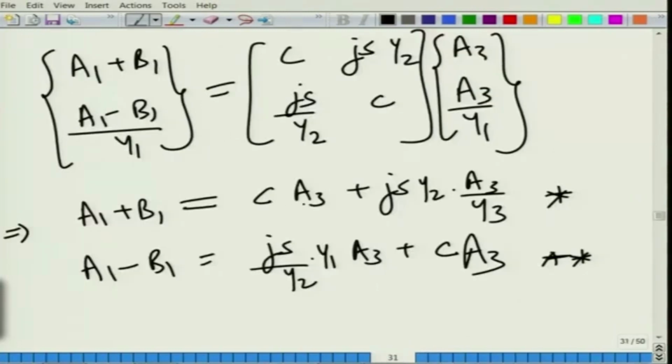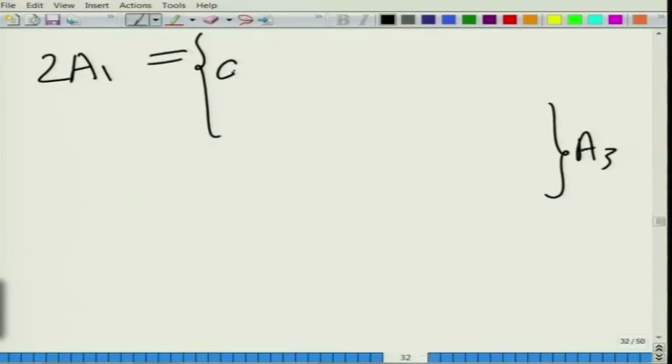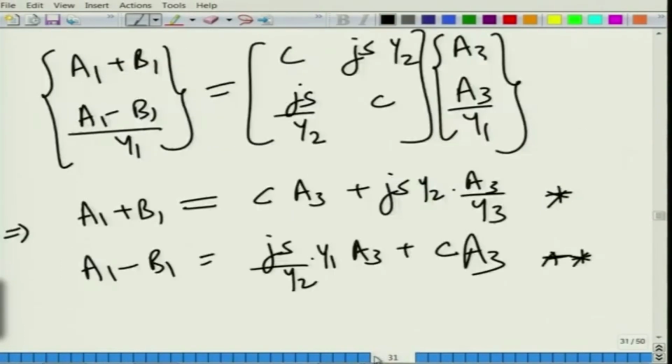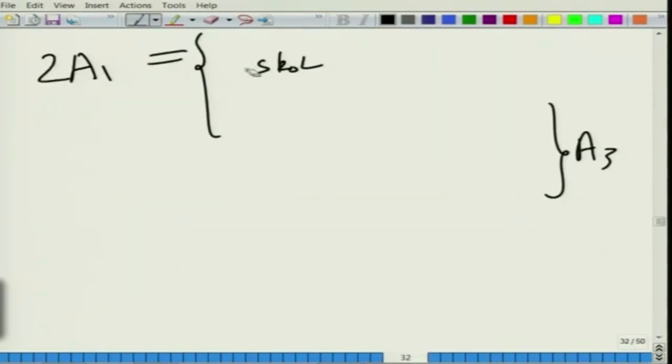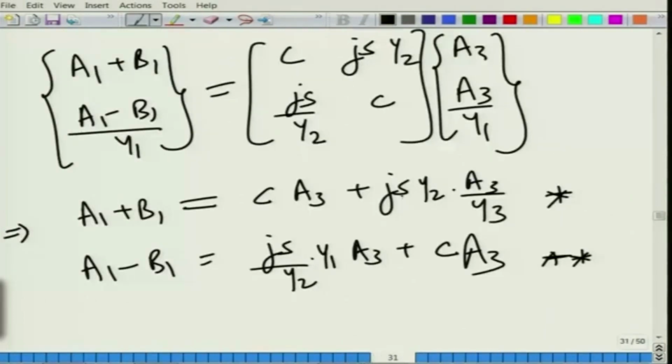So, what will we get? Cos k naught L, and we will get a contribution of cos k naught L again here. So, I would write this as 2 times cos of k naught L, and j sin k naught L, and this of course is 1.